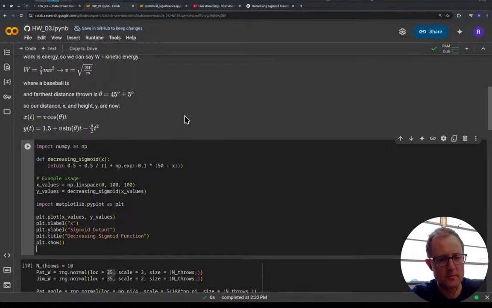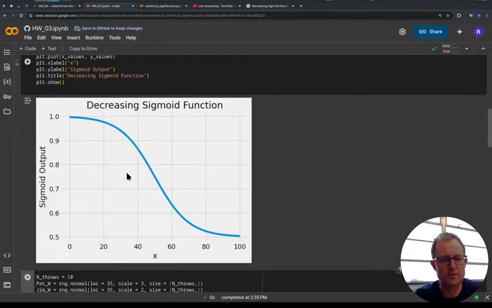So we want to do a little bit of troubleshooting here. We're starting at 1, and by the time we get to 100, it becomes 50%.